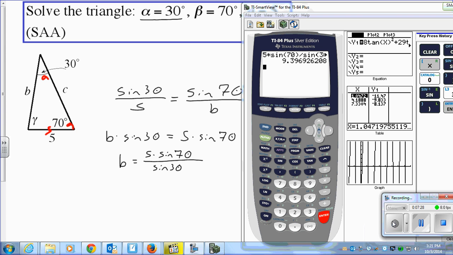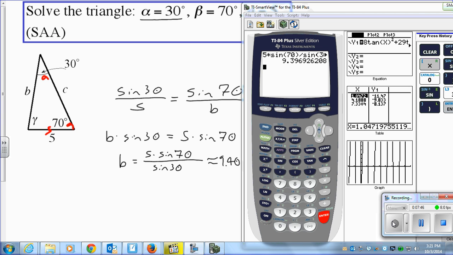Now I use my calculator to do 5 times the sine of 70 divided by the sine of 30. And we should always bring it out a couple decimal places. So I'm going to bring this out to 9.40, so approximately 9.40.